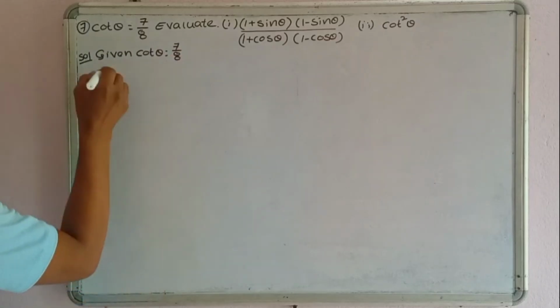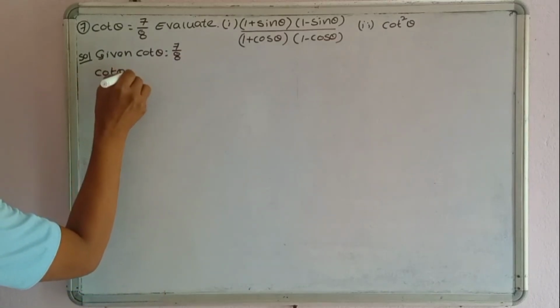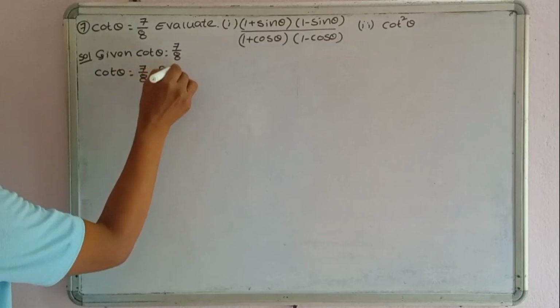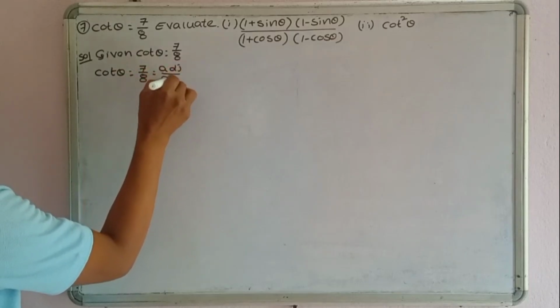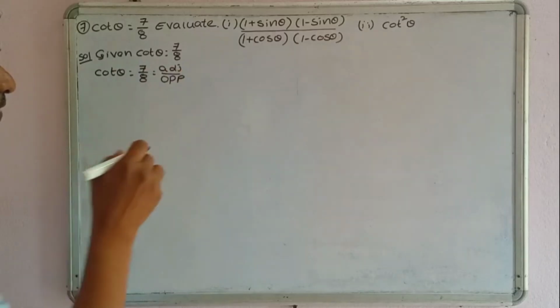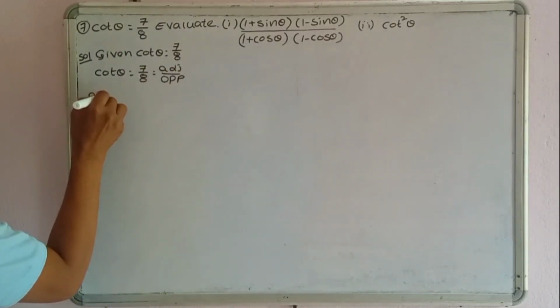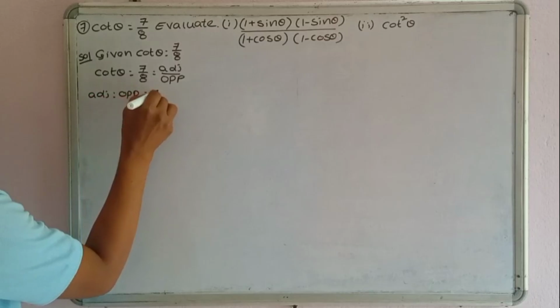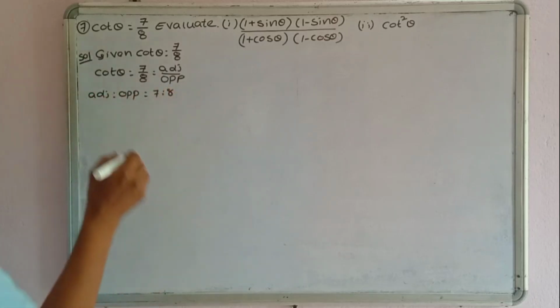So cot theta equals 7 by 8. Cot theta definition is the side adjacent to theta by the side opposite to theta. That means adjacent is to opposite equals 7 is to 8.